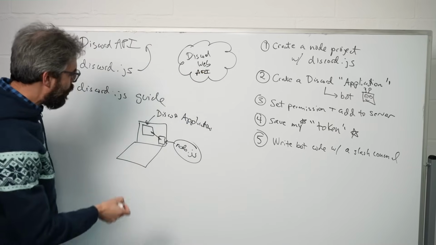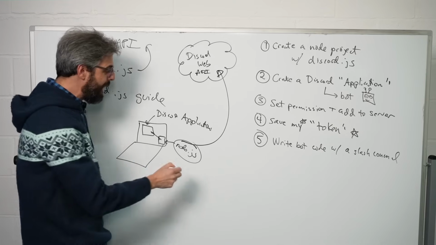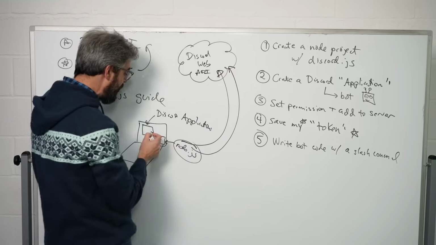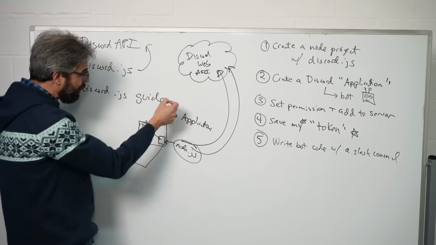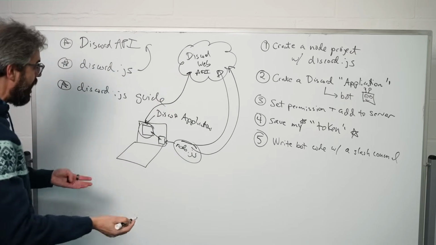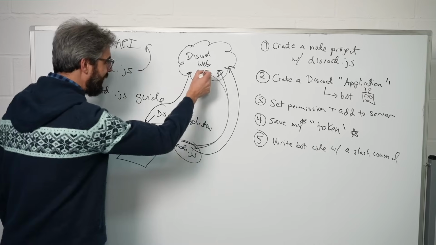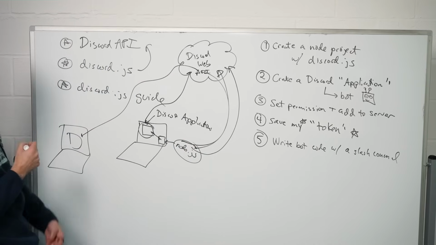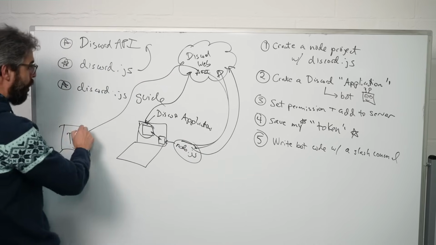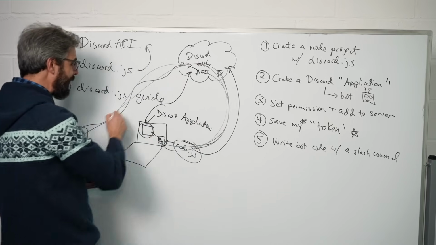Essentially what happens is your bot is logging in and authenticating here and sending messages here, and your client is also connected to it, receiving messages and sending them. This way, other people who happen to be running Discord are also seeing the messages that your bot is sending, and are also able to send commands that will then interface with the bot and be sent back and forth.